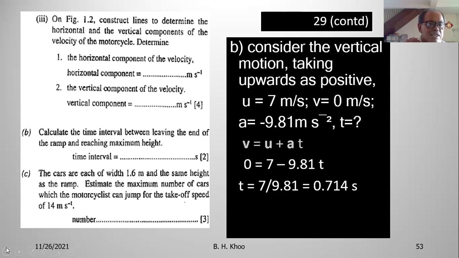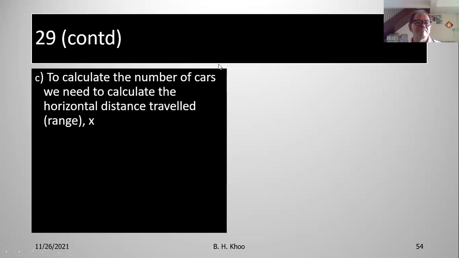The cars are each of length 1.6 meters and the same height as the ramp. Estimate the maximum number of cars which the motorcyclist can jump from a takeoff speed of 14 meters per second. Okay, we have to find the horizontal distance first. To calculate the number of cars, we need to calculate the horizontal distance or range.